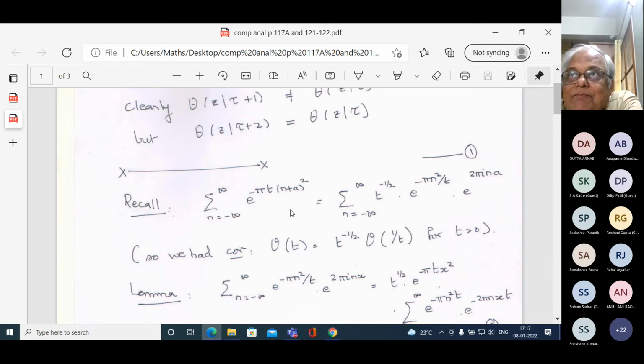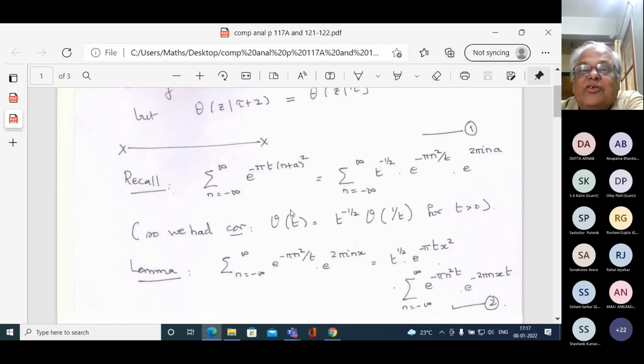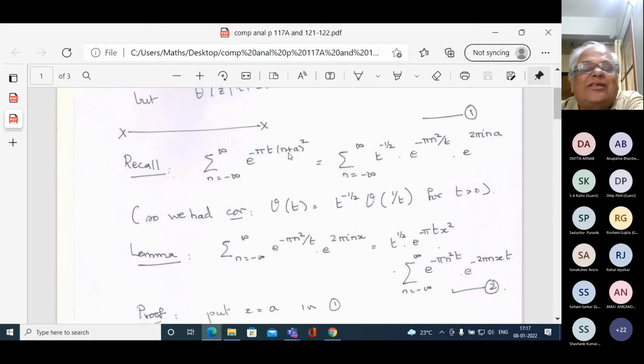And then you apply the Poisson summation formula, but you apply it to the translate, n plus x plus a. On the left hand side, you will get this multiplied by t. On the right hand side, you'll get 1 over t, and t to the 1/2, and this.